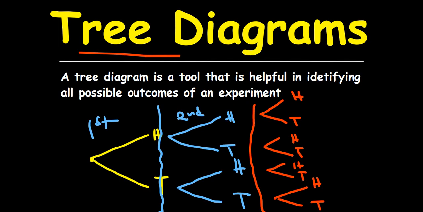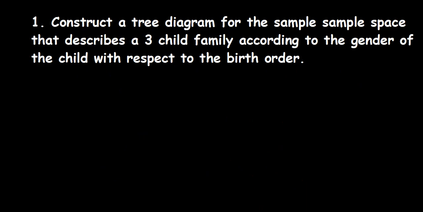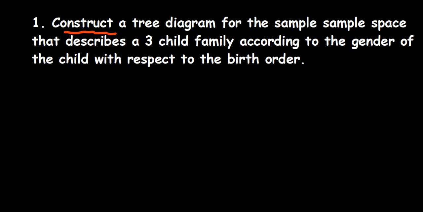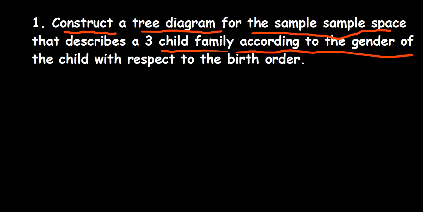An event. So on the next one here, I have an example question. They're saying construct a tree diagram for the sample space that describes a 3-child family according to the gender of the child with respect to the birth order.